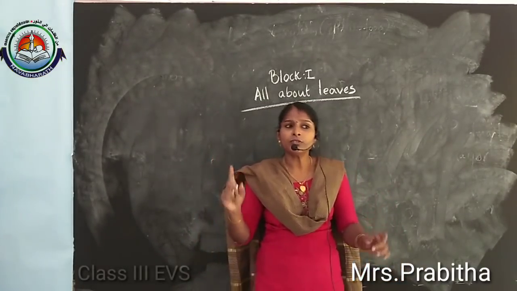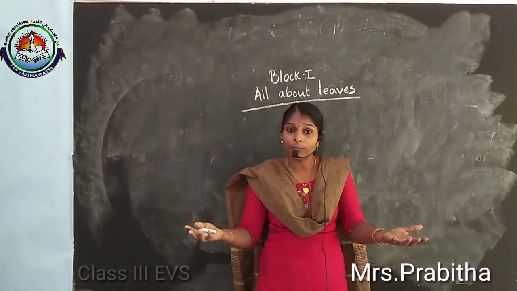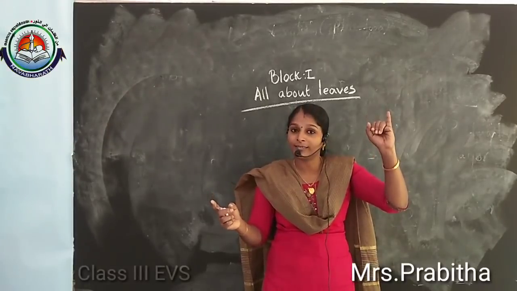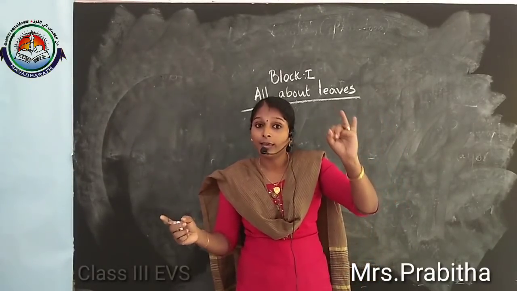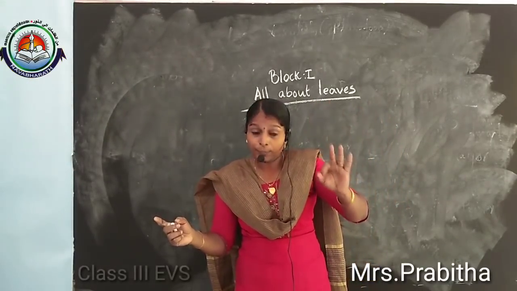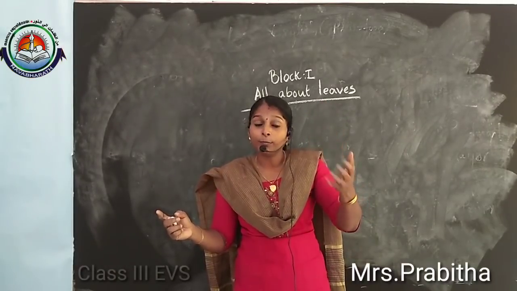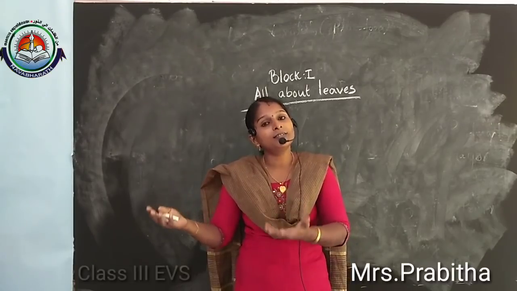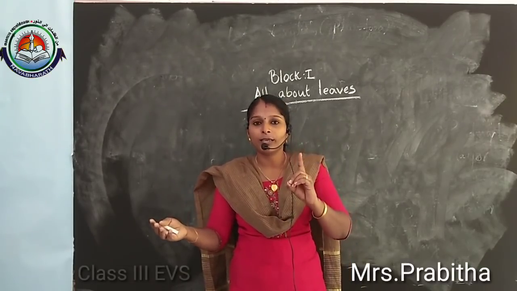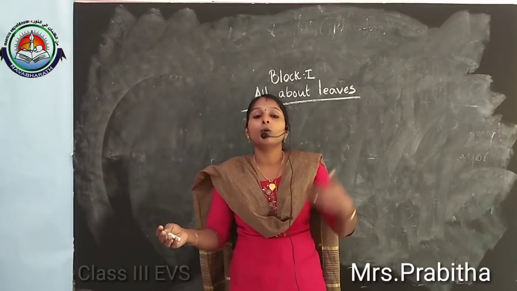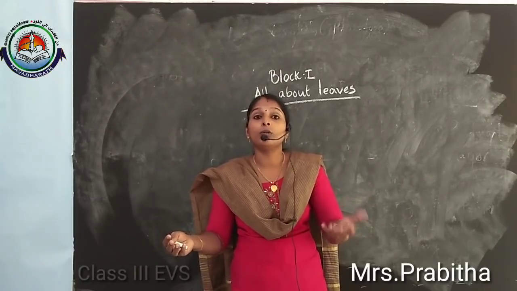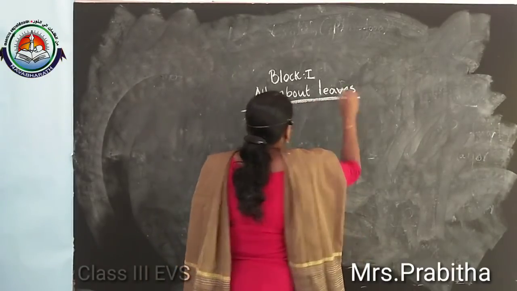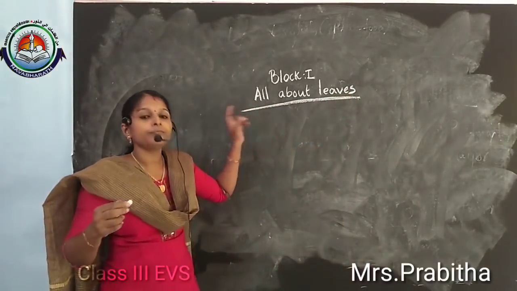The different parts of plants are fruits, leaf, stem, root. So our first three blocks are related with parts of plants. The first block is all about leaves.